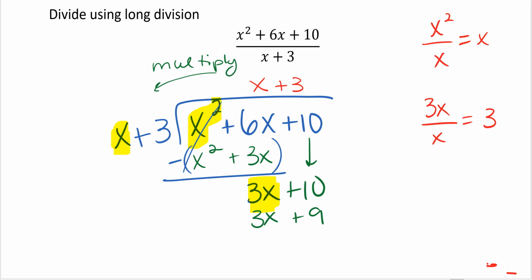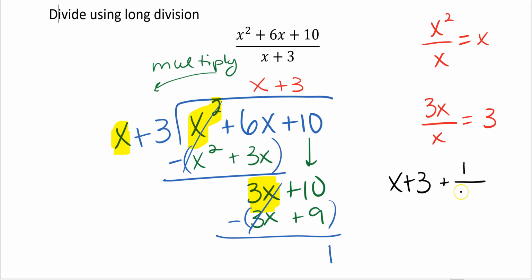And then we're going to subtract this entire expression. So 3x minus 3x cancels out, and 10 minus 9 is 1. So the answer is going to be x plus 3, that's your quotient, plus the remainder, which is 1, over the divisor, which is also x plus 3.